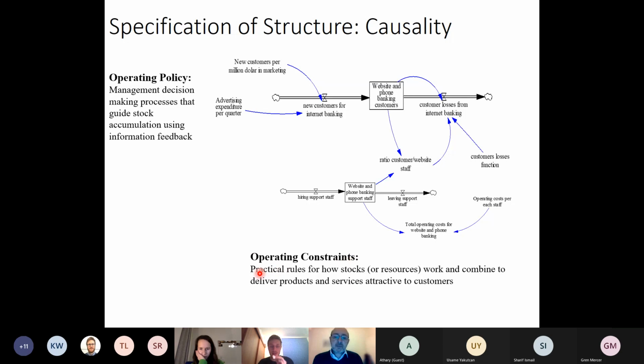And then we have the operating constraints. The operating constraints are practical rules for how stocks work and combine to deliver products and services. So in this case, an operating constraint would be that the ratio between customers and staff will define a certain customer quality, right? A certain quality will be defined by the ratio between the customers and the staff that you have.